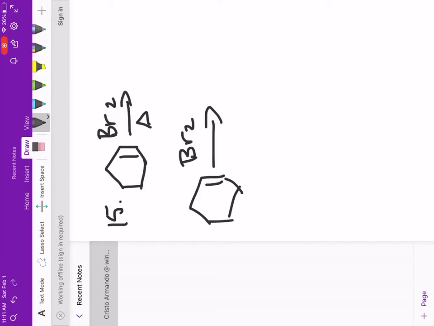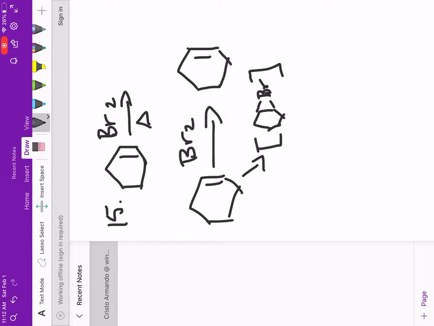We know what's going to occur is that this is going to form an intermediate with a bromine bridge, right? And then the other bromine is going to attack, and we're going to be left with this enantiomer, or the other enantiomer. Doesn't really matter.